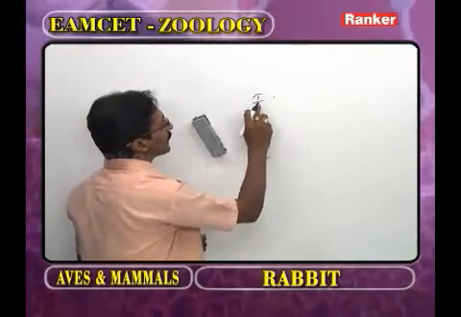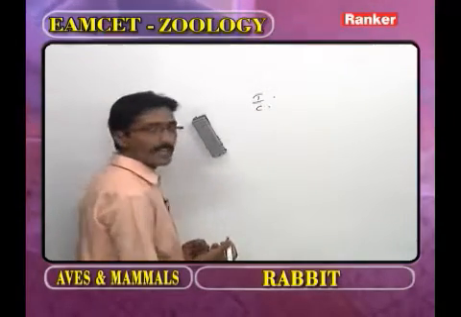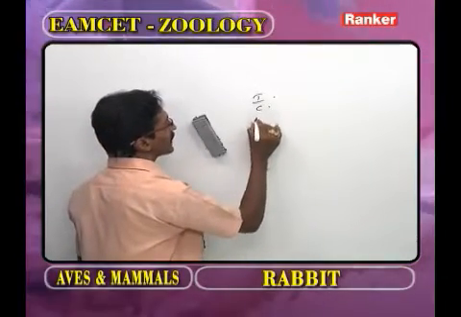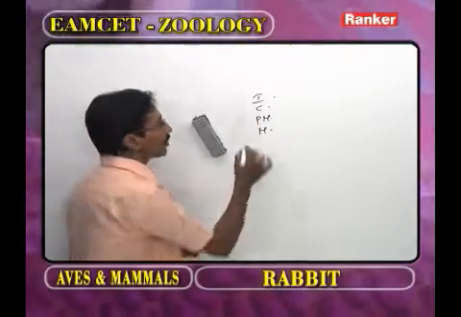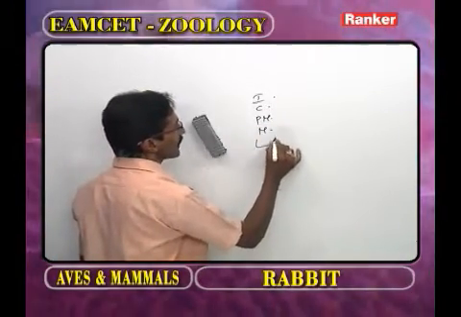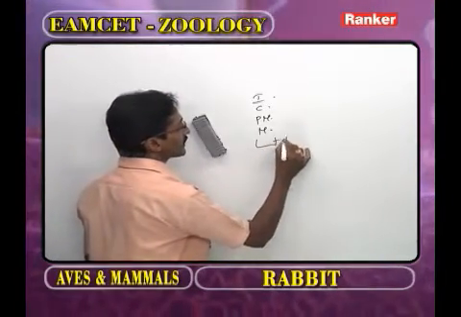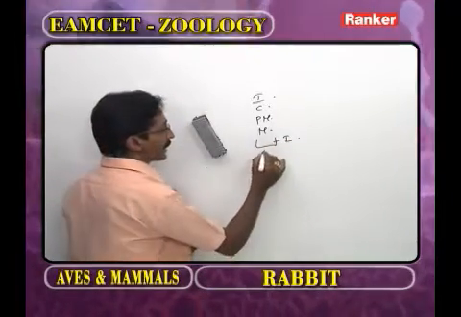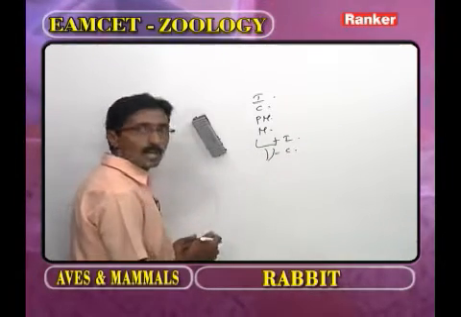We know very well, incisors are indicated by I, followed by canines represented by C, followed by premolars and molars. The incisors are broad with chisel edge. These are incisors. And these are the canines. They are curved and pointed.